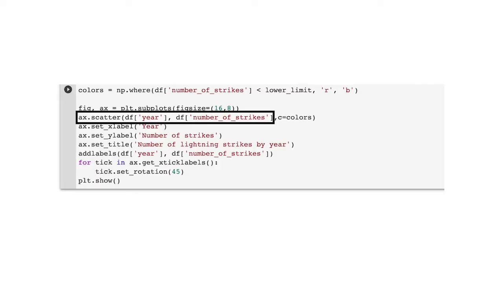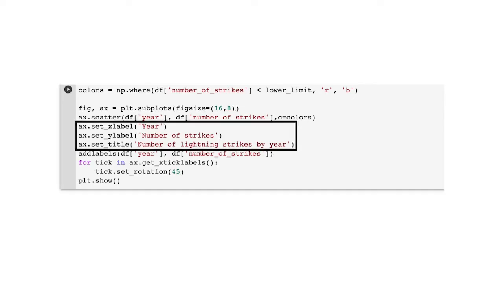ax.scatter. The ax refers to axis, which tells the notebook to plot the data on an x versus y data graphic. Inside the argument field, we first input the x-axis and then the y-axis, which is year and number of strikes, respectively. For the rest of the parameters, we fill in the x and y label and the title.